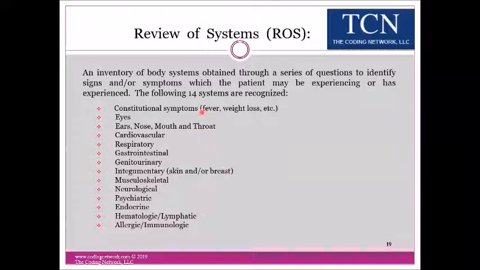And then your review of systems, there's 14 possible review of systems. So you don't have to document all 14. You need at least 10 documented for a new patient visit if it's going to be a level 4 or 5. So just keep that in mind.